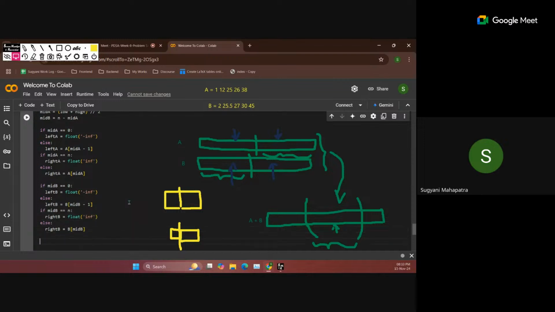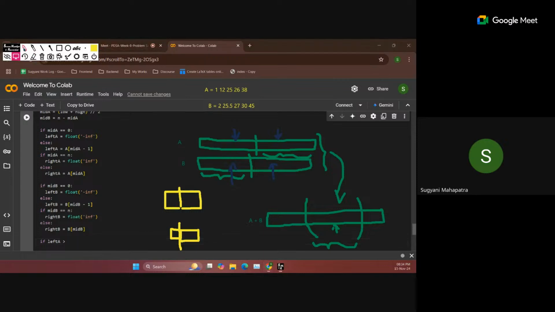So now what we will do is we will compare where exactly our left of A and right of A are lying. The first thing we will check is if my left of A is greater than C. There are three scenarios. The first scenario is this is exactly aligned to each other. The second scenario is this thing is shifted to the right.